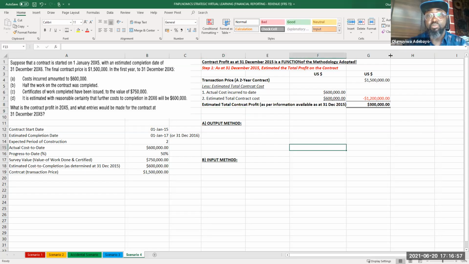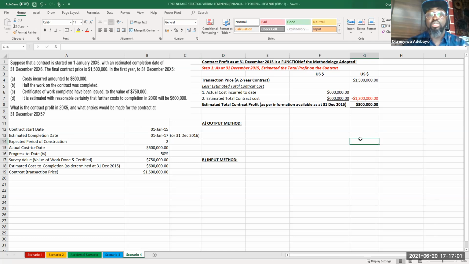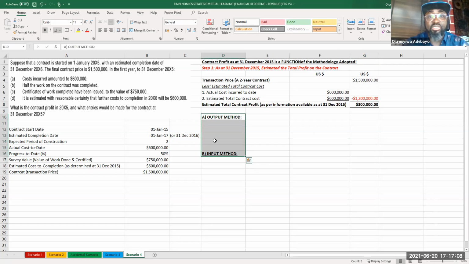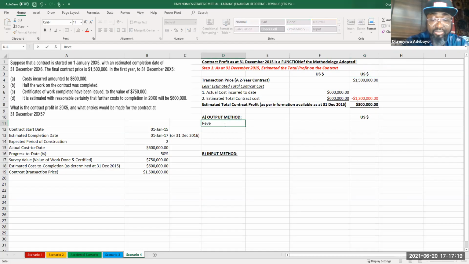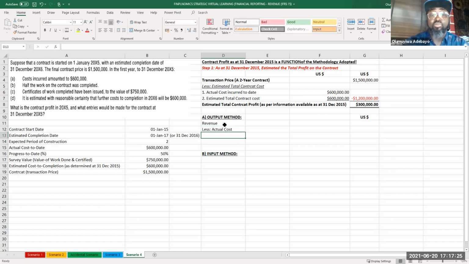Therefore, the question is, of this 300, how much is our profit? And profit is a function of revenue and cost. Therefore, what do I need to do? I come here and say, output method will say my revenue less my actual cost. Now, my actual cost is known.